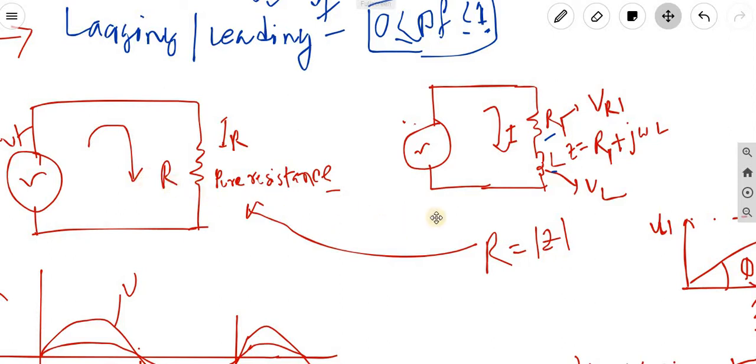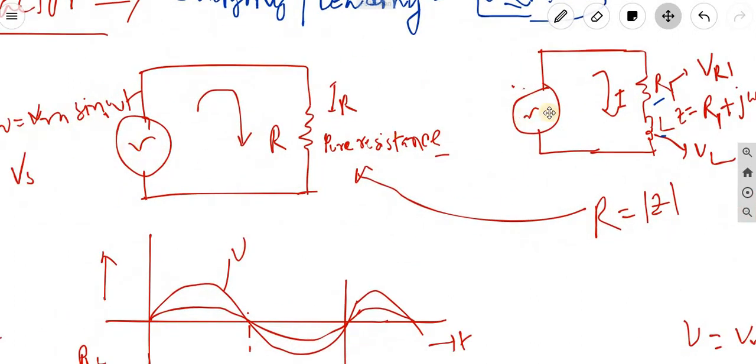So if the source is also the same, the current flowing, suppose IR, will have the same magnitude in this circuit also. Magnitude, not phase, so the magnitude also will be IR.